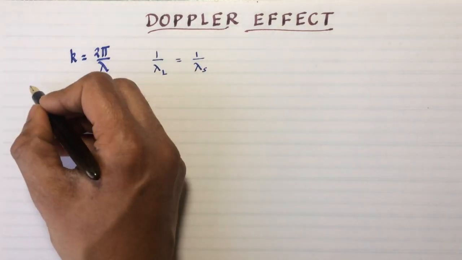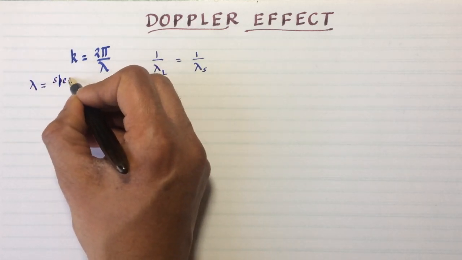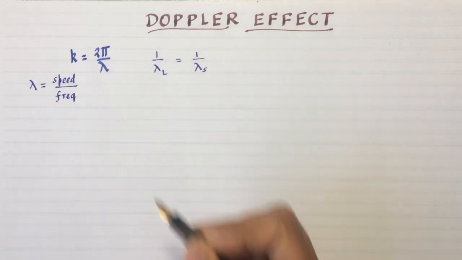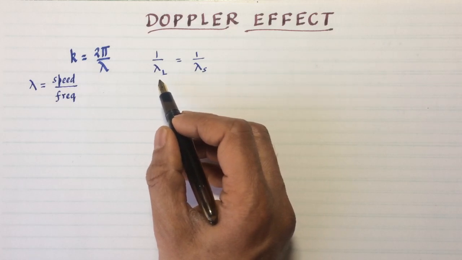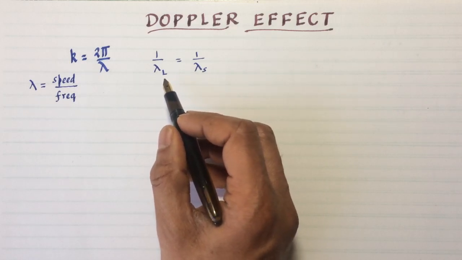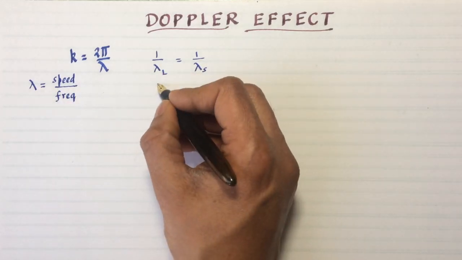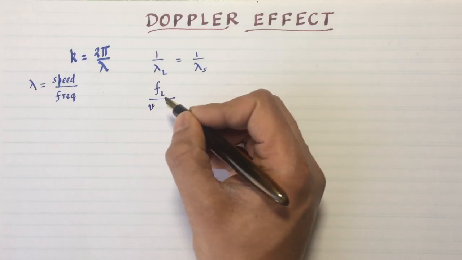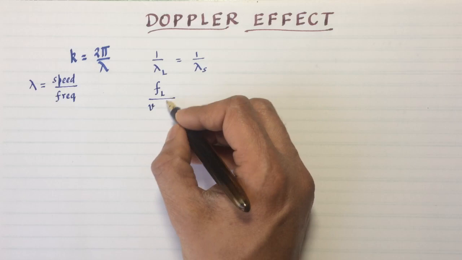Now lambda is given by speed over frequency from the wave relation, because lambda times frequency is the speed. So if you're going to cram a certain number of wavelengths between the source and the observer from the listener's point of view, then the equation for the listener is going to be FL over the speed of sound, but relative to the observer.